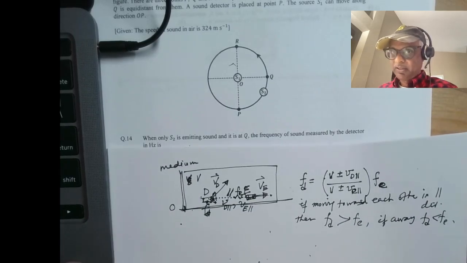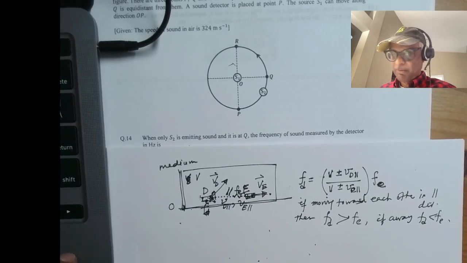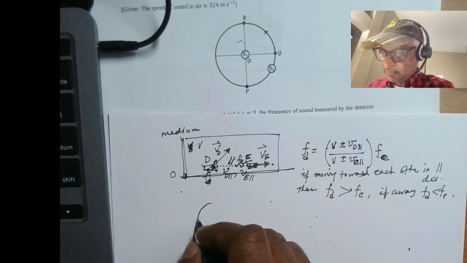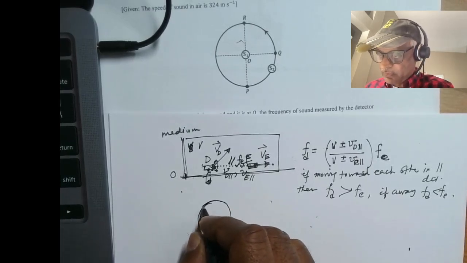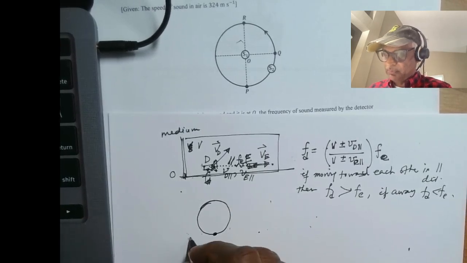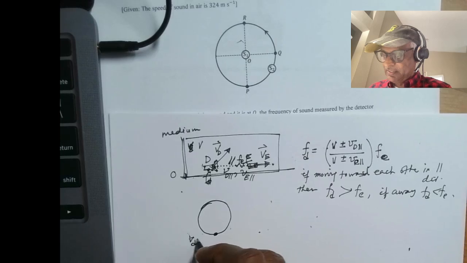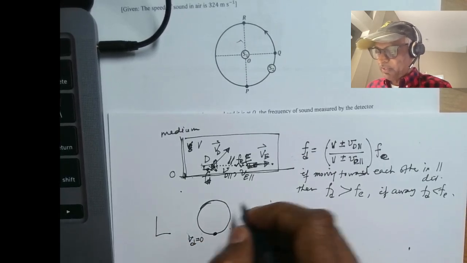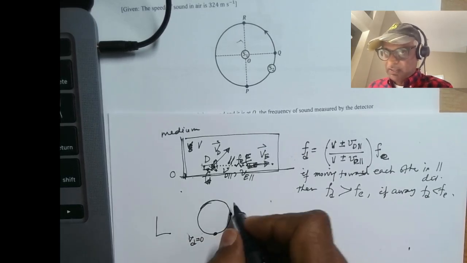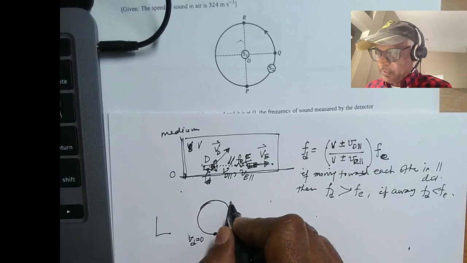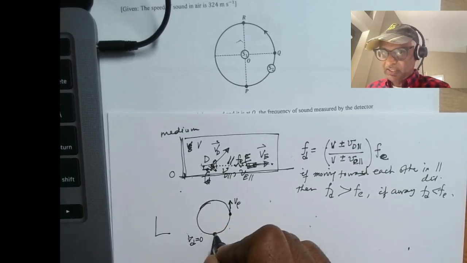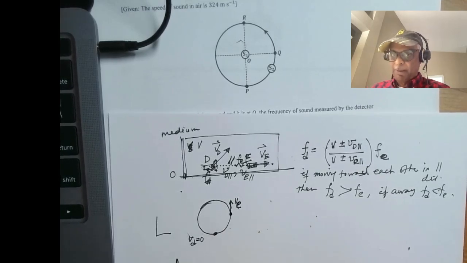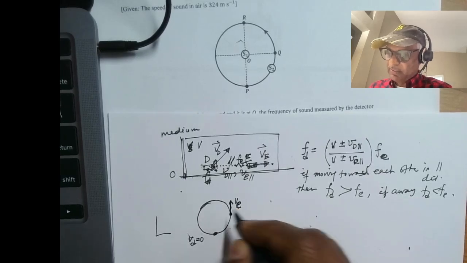So the question here is, if I look at this, the detector is fixed, so VD is 0 with respect to the outside frame, the medium frame, and over here the emitter is moving this way, VE with respect to this.